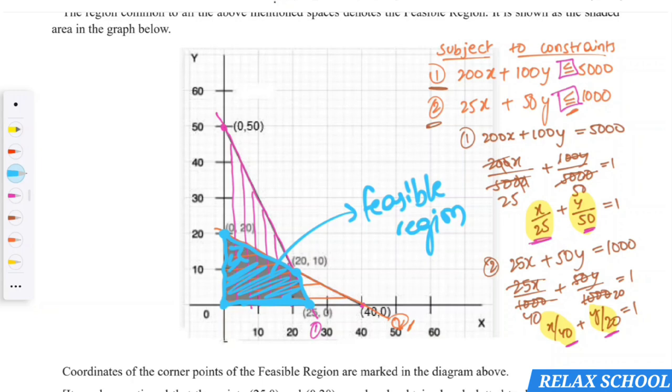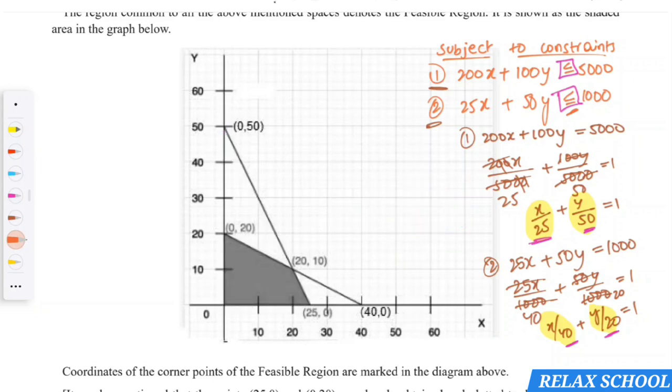In the corner point method, the way we find the solution was by identifying the coordinates first. Because now you understood what the feasible region is, let me just clear this. Now for this feasible region, we are going to find the coordinates. What is the coordinate here? On the y-axis there is 20, on the x-axis it was 0.